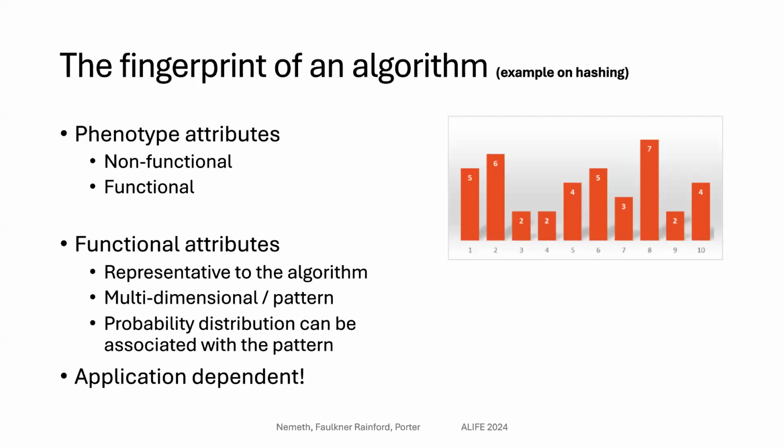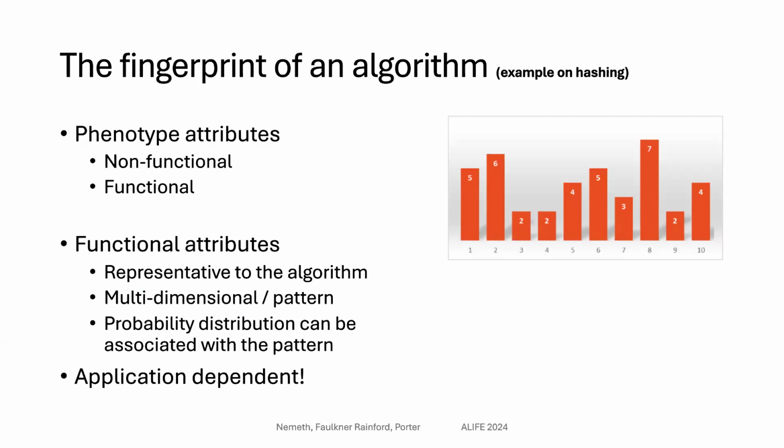It has two important cornerstones. One is capturing the fingerprint of an algorithm. Phenotypes can be non-functional, like speed, energy efficiency, memory consumption, and so on, and functional, what it does, what is the core algorithm of the individual.